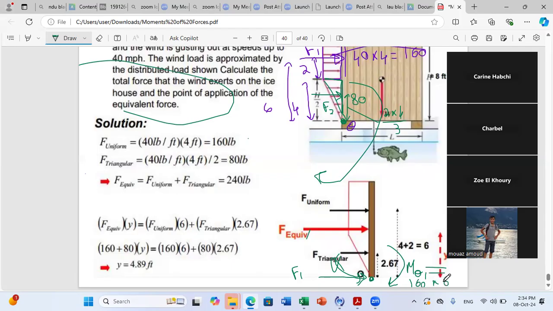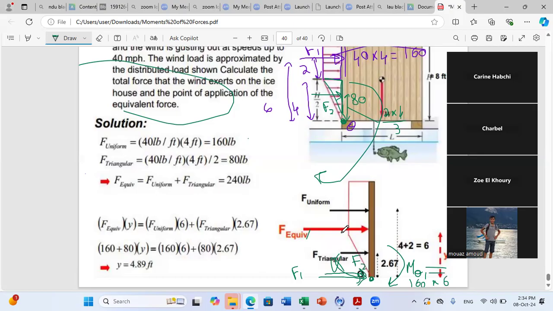Next step, I will move F2 to O. If I move F2 to O, I also put F2 here. So what is the total force now acting at O? It's F1 plus F2. So this is the resultant. I add the forces.